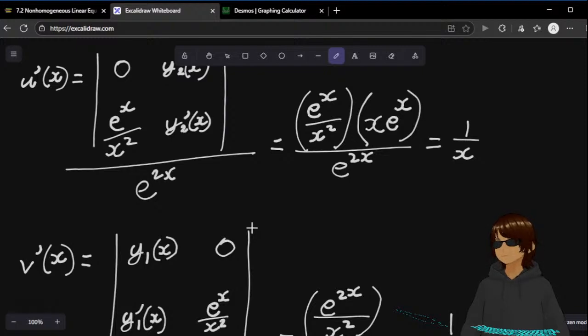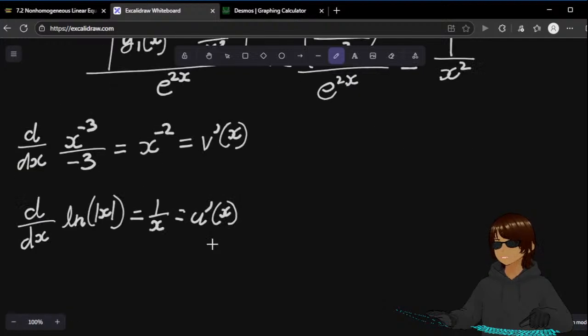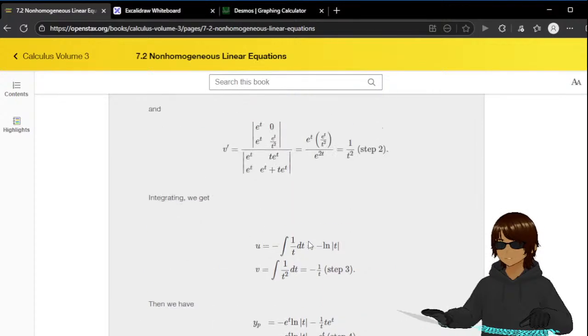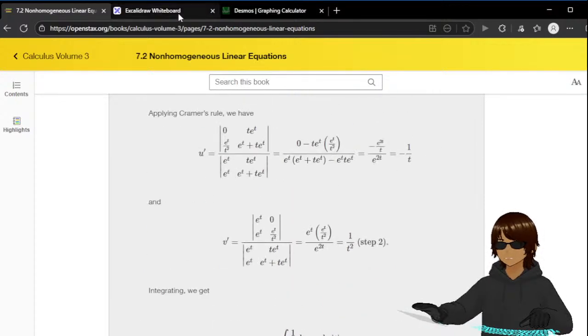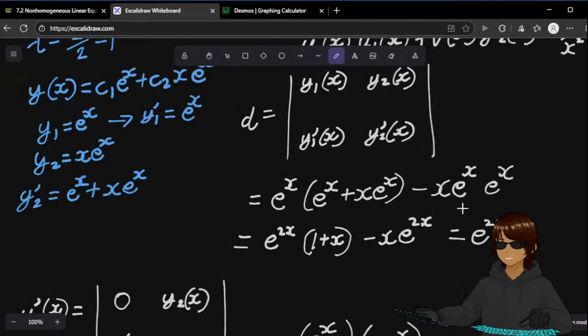Hold on a minute. Minus 1. Am I getting confused or something? Yeah, derivative of minus ln of t is this. Hold on. They end up with 1 over x squared. Why negative here?